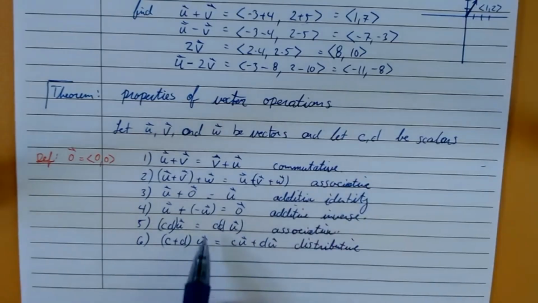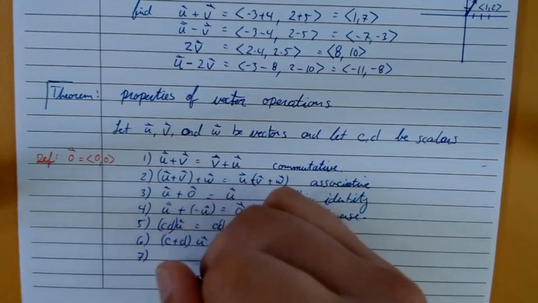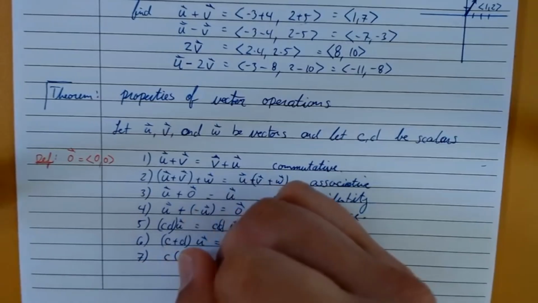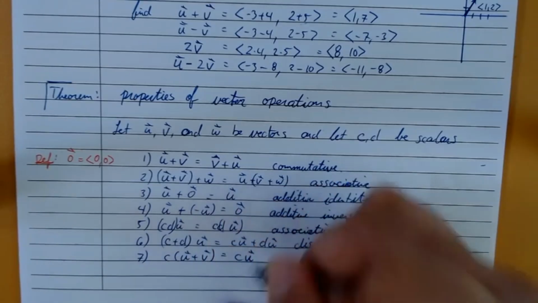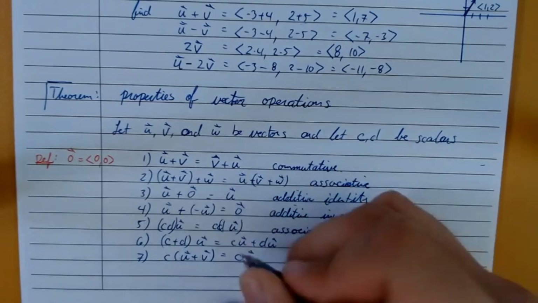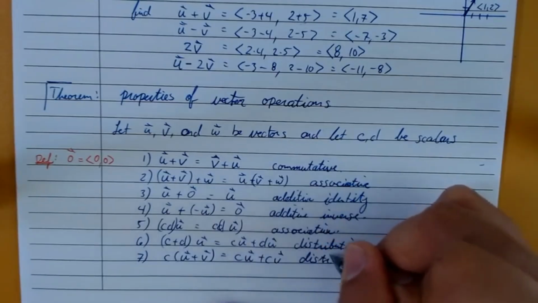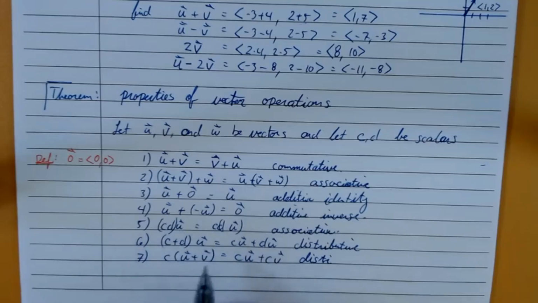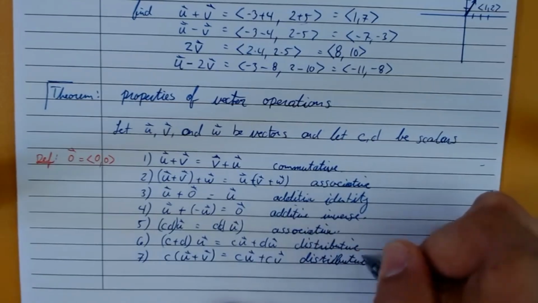So you can distribute a vector over a sum of scalars. You can also do it the other way around. If you have a single scalar, you can distribute that over a sum of vectors. c times u plus v is cu plus cv. And again, this is also the distributive property. You can distribute either the vector or you can distribute the scalar. Distributive. There we go.